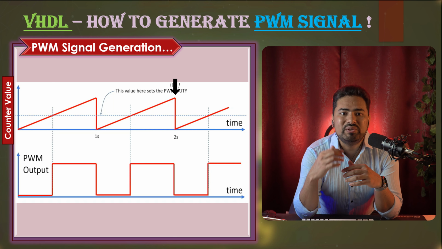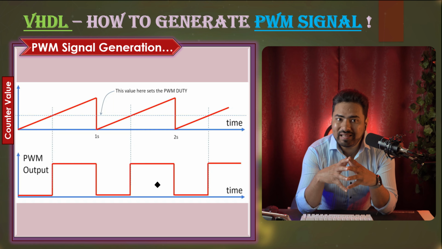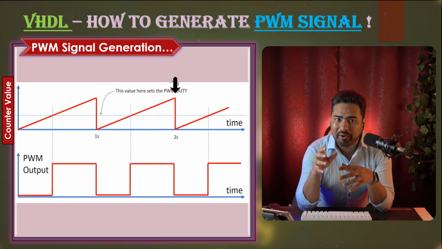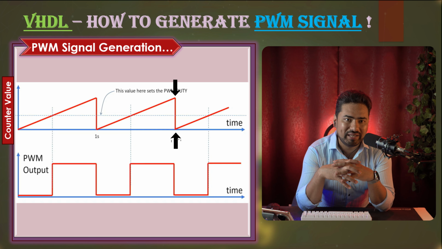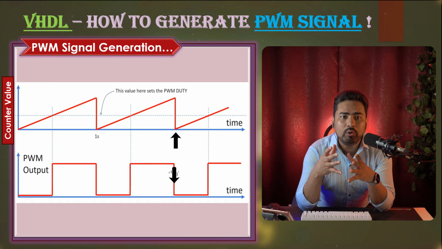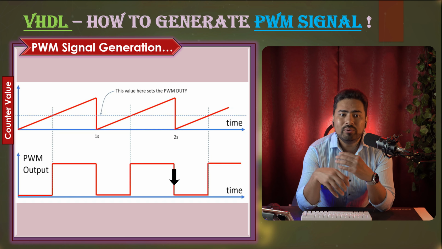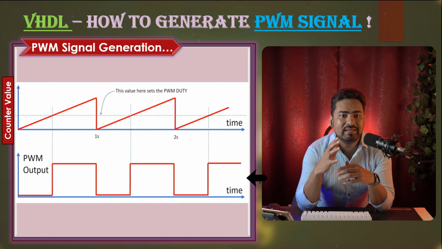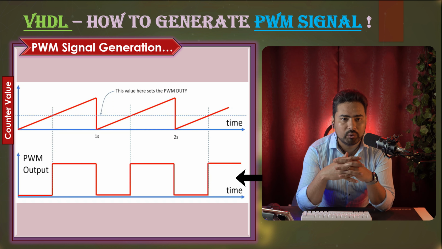Again, it reaches the maximum point, and until then, our PWM output is 1. At this point, our counter resets to 0 again, so our PWM output becomes 0. You can see that this is happening again and again, so we will get this continuous PWM output. The question is how it will control your PWM duty cycle.